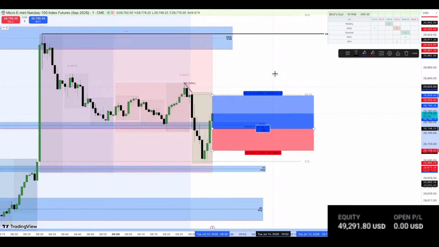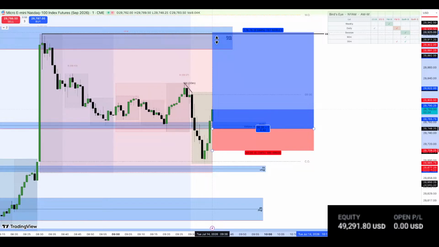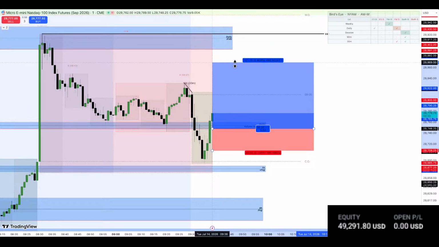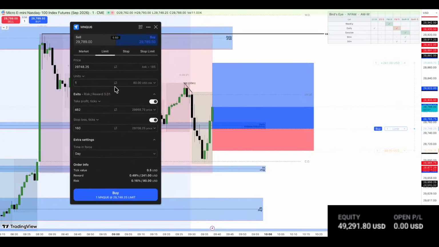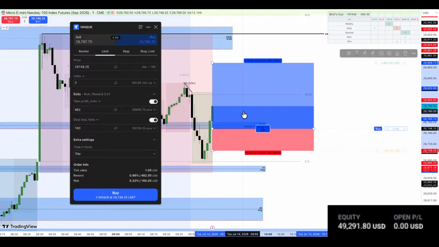So if I'm going to take this trade, I'm going to have to target 3 to 1, 1 to 3. Just like that. Then risk this much.